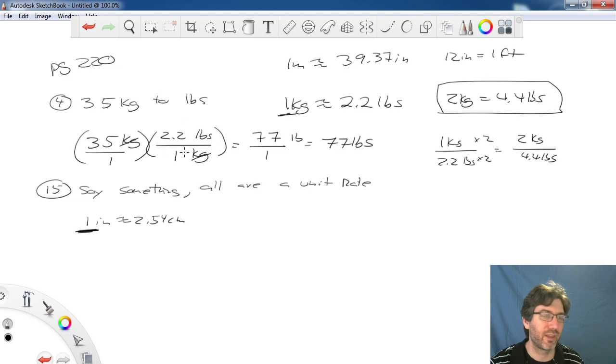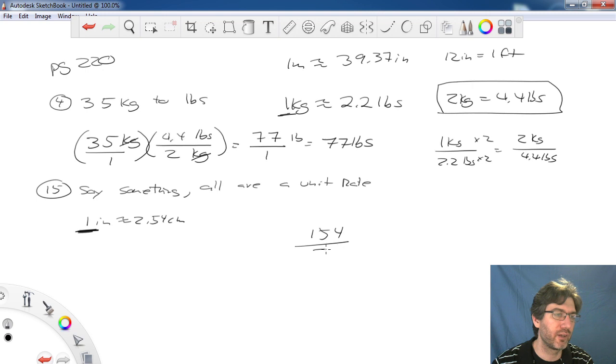It's just easier if it has a 1, so you don't have to get a denominator and reduce it. I can show you that real quick. If I use 4.4 and this was a 2, 35 times 4.4 gives me 154, and then I divide that by 2, which gives me my 77, hopefully.